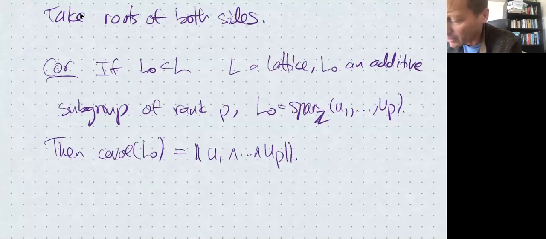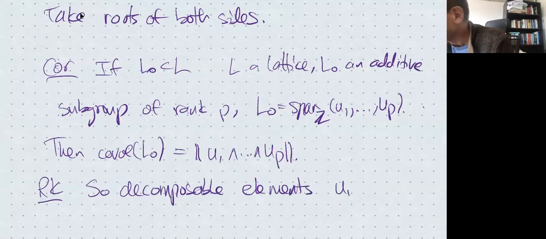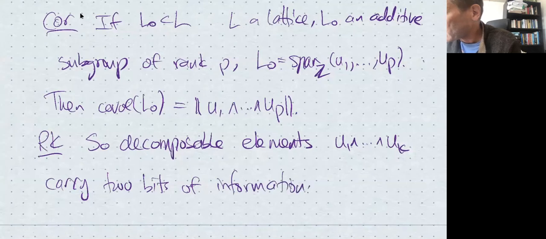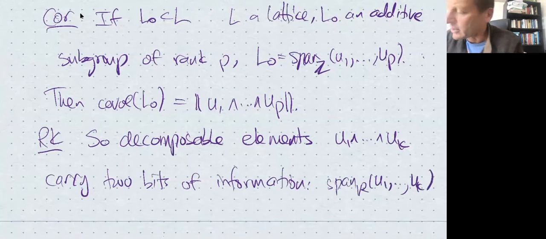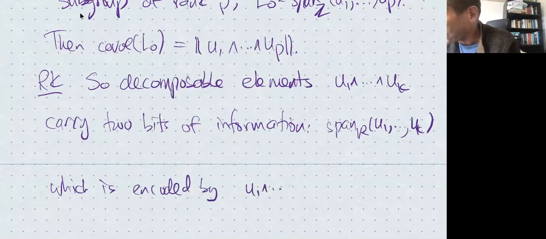And so let me just add a remark. So decomposable elements U1 up to UK carry two bits of information. The span over R of U1 to UK, which is encoded by the line through U1 to UK.